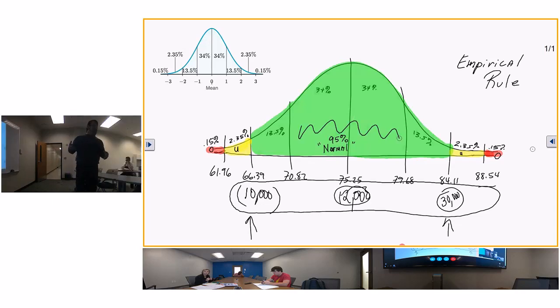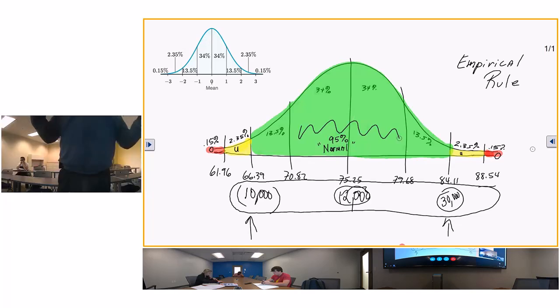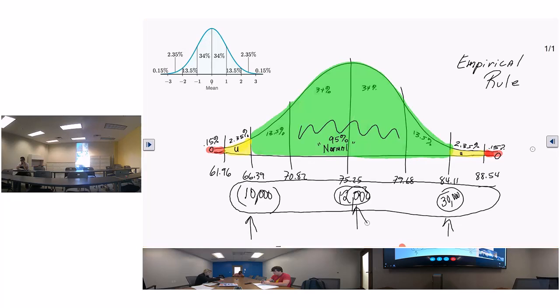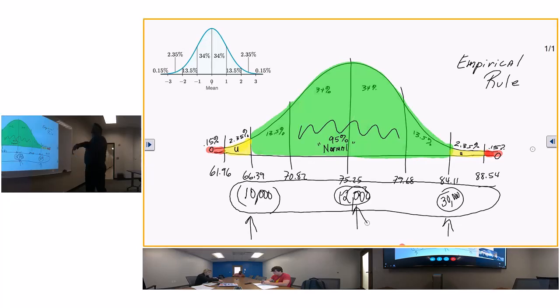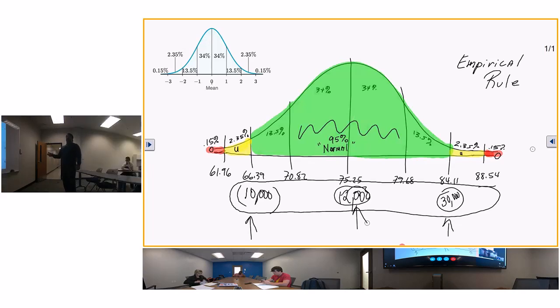They find the project they want to build, they go out on the internet or they get bids, five or six estimates, and they take those averages and put it in the middle right here. And then they put the standard deviation on the right, standard deviation on the left, and that gives you your low bid and your high bid. Dang old math at work.